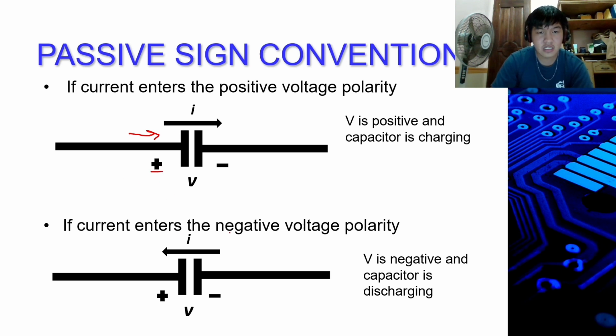If the current enters the negative voltage polarity, V is negative and the capacitor is discharging. Since the current passes through the negative, the capacitor will be discharging.